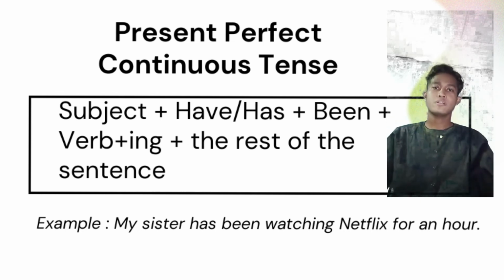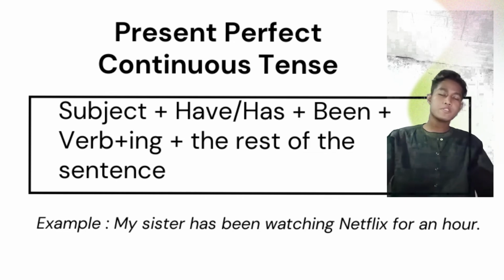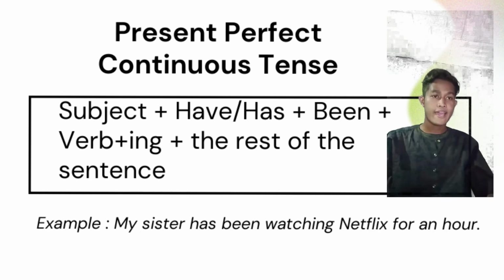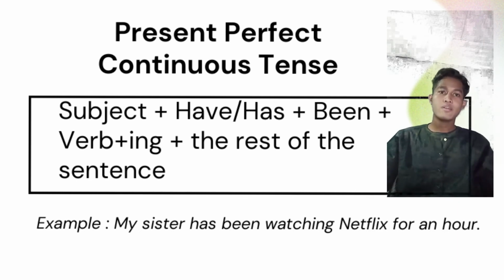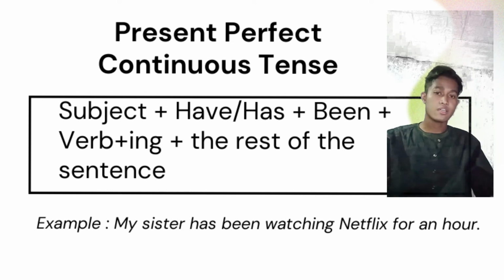And this is the present perfect continuous formula. The present perfect continuous tense is formed with the auxiliary verb have or has, been, and the present participle, or ing.